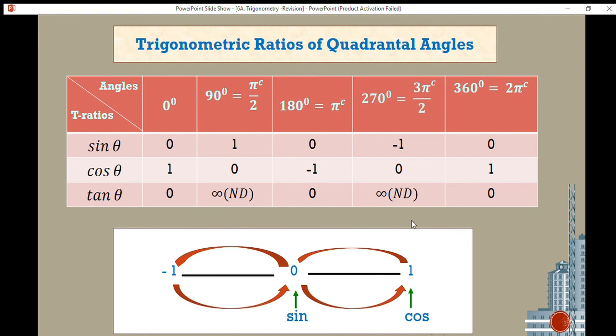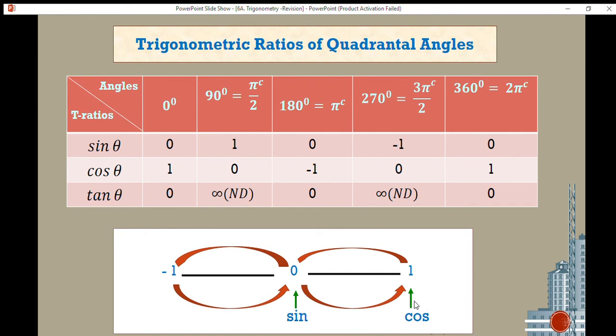It will be very simple to put the values in the table if you remember this figure. For writing quadrantal angle values, start your table with 0, and for sine you have to start from 0, because sine 0 is 0, and for cos you have to start with 1. These are the values, not angles.